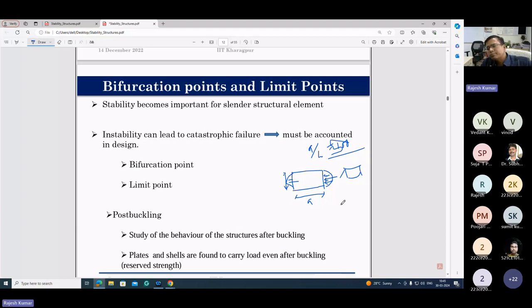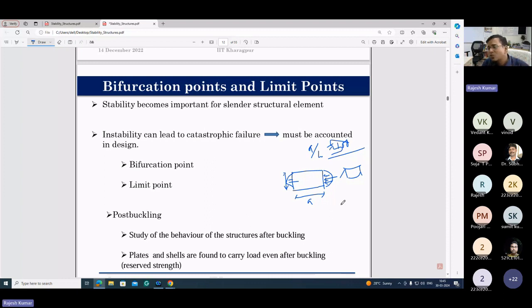If you look back to the 16th and 17th centuries, stability was not that important. Why? Because earlier the structures were made of rock, and columns were used that had no loss of stability, so we didn't concern ourselves with stability.